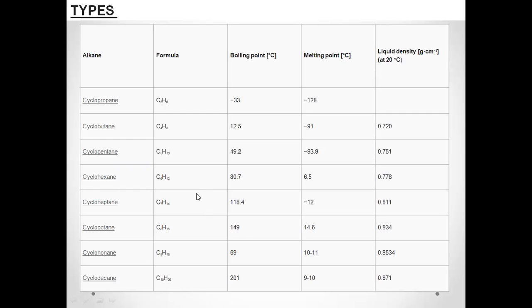These are their molecular formulas, boiling points, melting points, and densities. The boiling point increases when the number of carbon atoms increases, and the melting point also decreases. For example, cyclopropane has a melting point of minus 128, cyclobutane has minus 91, and the liquid density increases when the number of carbon atoms increases.